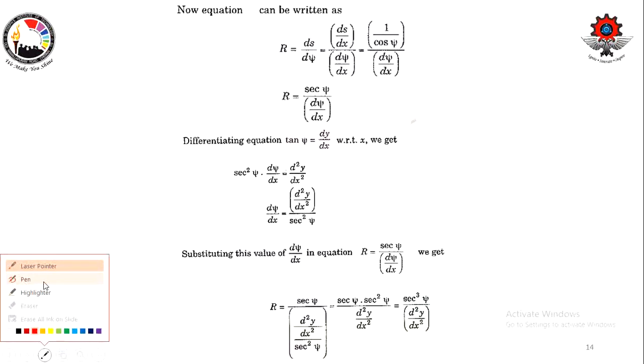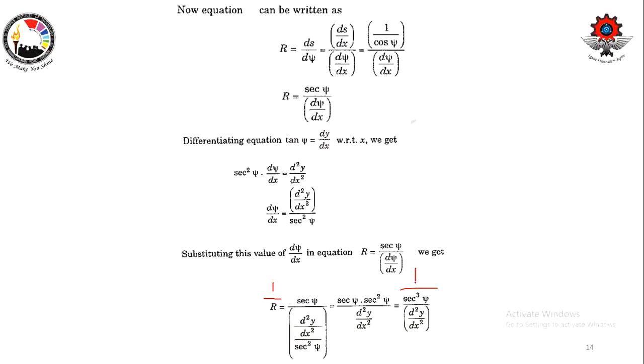Doing so, we get 1 by r on this side, and on the other side, it is 1 by secant cube psi by d square y by dx square.